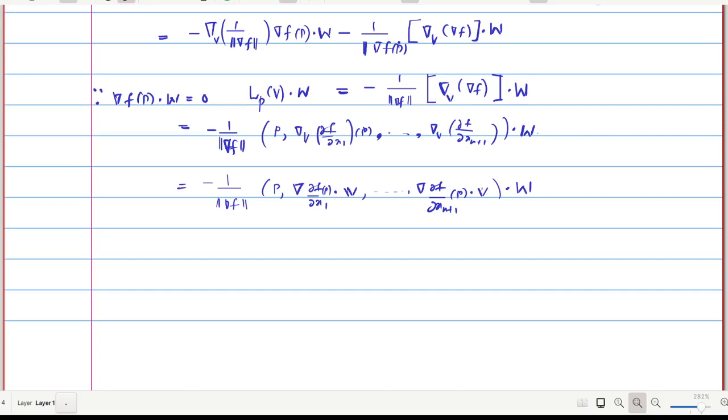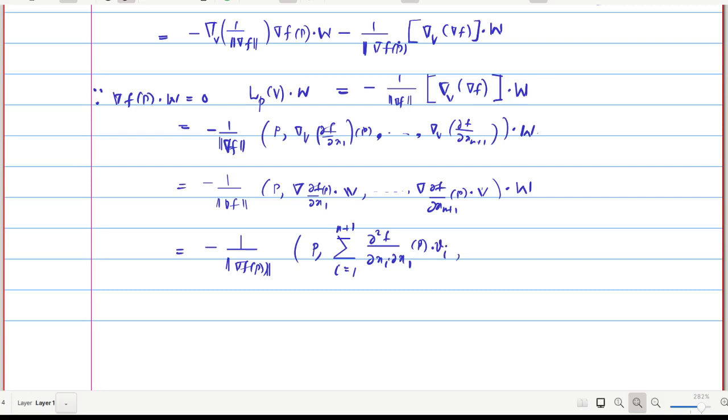Okay, now you can write it as minus 1 by a norm del f of p. Here we have p also, all these terms we are evaluating at p. So this is p comma, first of all we need to take the dot product of this. This dot product can be written as summation i equal to 1 to n plus 1 dou square f by dou xi dou x1 at p times vi.